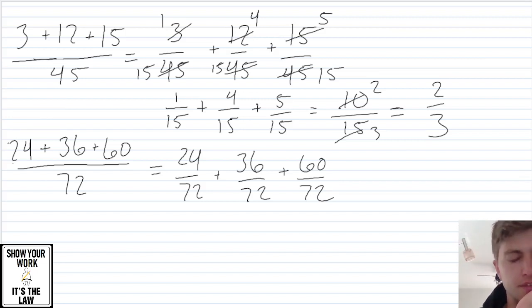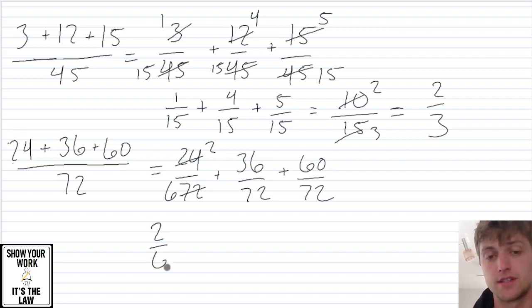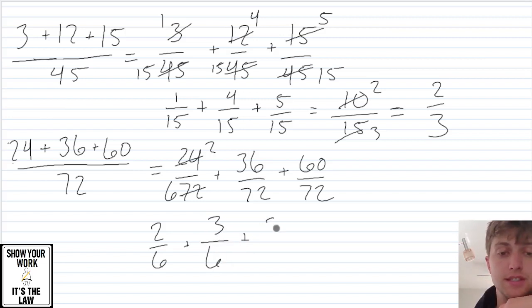Now let's simplify each of these fractions separately. 12 goes into 24 twice. 12 goes into 72 6 times, I believe. And like previously, I'm not going to simplify it all the way just for the sake of our example. 12 goes into 36 3 times. 12 goes into 72 6 times. And then lastly, 12 goes into 60 5 times. 12 goes into 72 6 times.